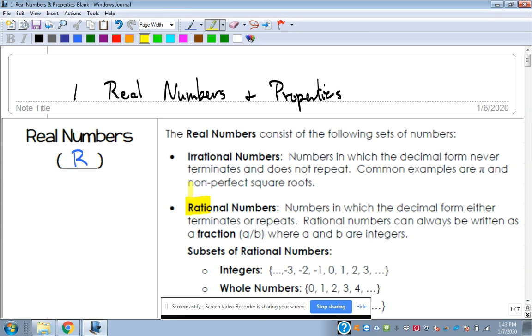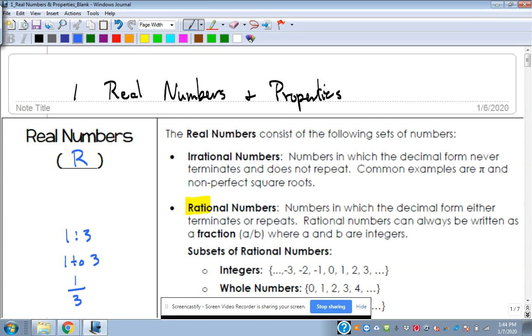How do we write ratios normally in a math class? Yeah, we could write them with the colon, like 1 to 3, or write out the words 1 to 3, or we could write it 1, 2, 3. Or what's another way to write a ratio? As a fraction. So 1 to 3 could be written 1 over 3.